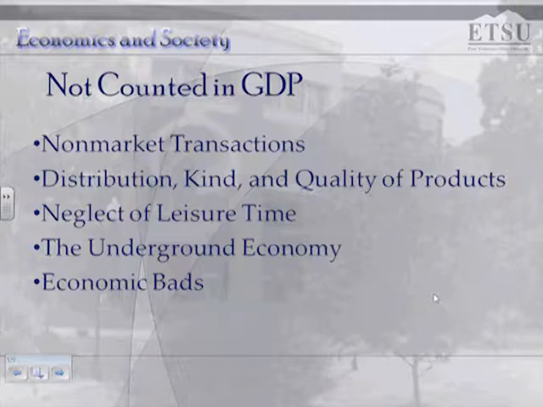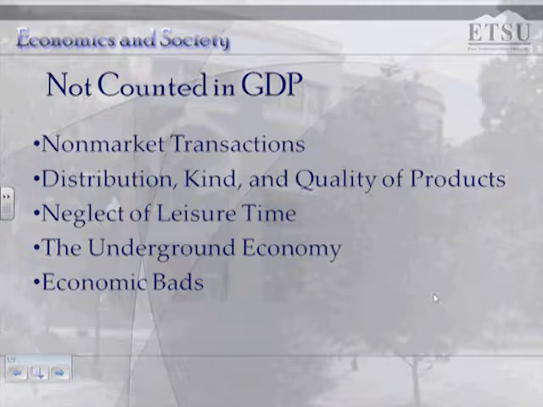We have the underground economy, so things that are illegal are traded a lot. We know that in the United States there's a great deal of illegal drug trade, and none of that is counted as productive activity in GDP. Even though apparently some people find value in illegal drugs, these transactions are not picked up by GDP.